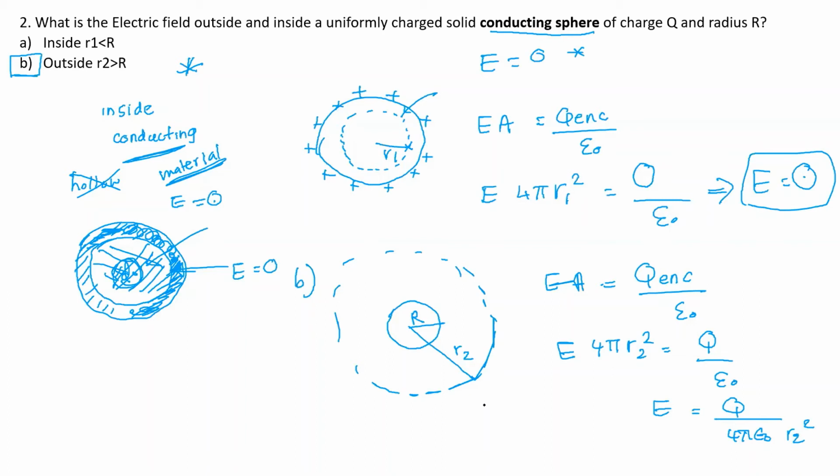So did you get this? Here, this is your Gaussian surface. E times the area of your Gaussian surface is equal to the charge inside your Gaussian surface. What do you have? You just have the charge of this, right?